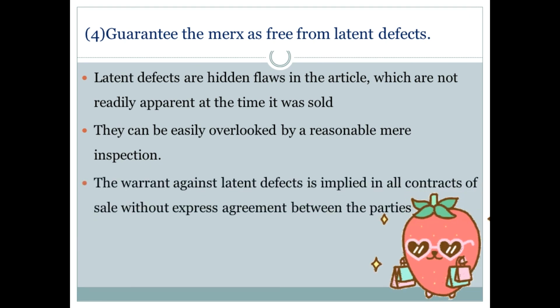The warranty against latent defect is implied in all contracts of sale without express agreement between the parties. This duty is discussed in detail in the next lesson on latent and patent defects. The exceptions and remedies for latent defects are in that lesson. Also, more on delivery is in lesson 5. The forms of delivery and the examples as well as cases are in that lesson.